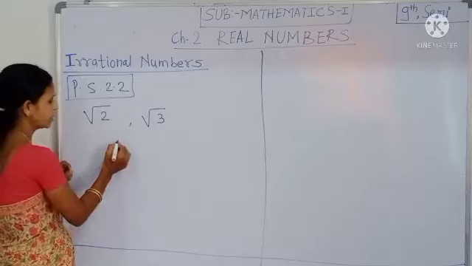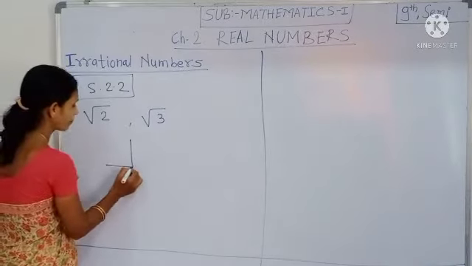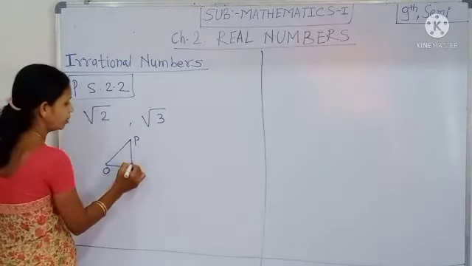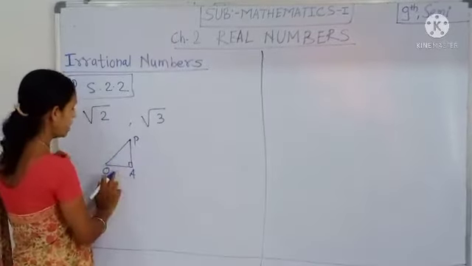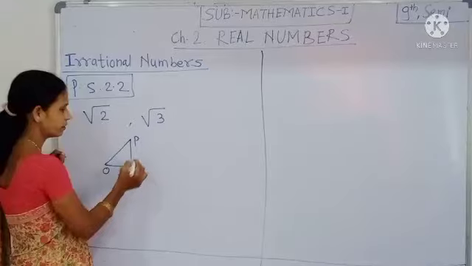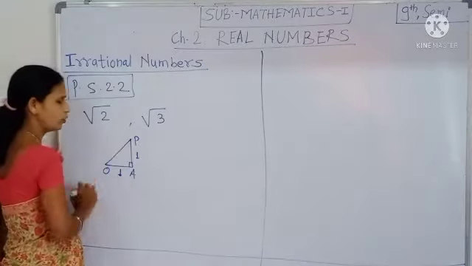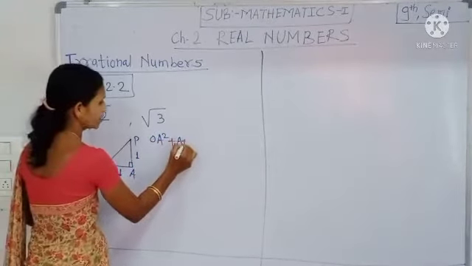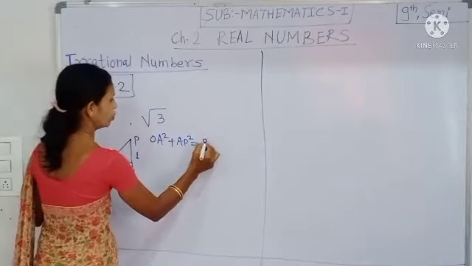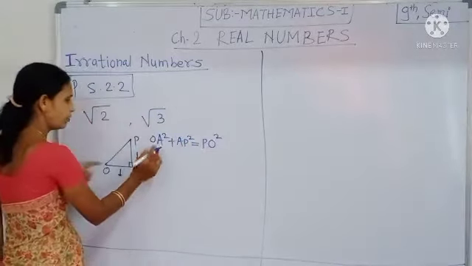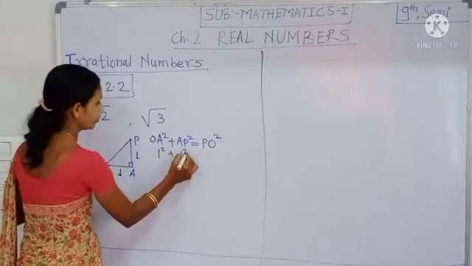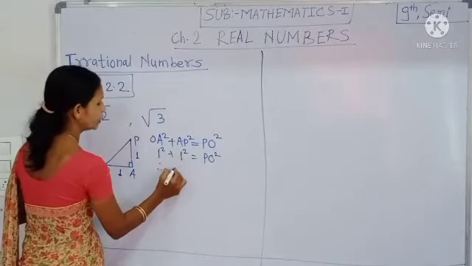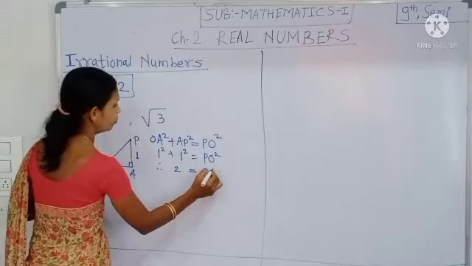According to the Pythagoras theorem, suppose OAP is a right angle triangle, and OA is 1 unit, AP is also taken as 1 unit. Then according to Pythagoras, OA square plus AP square is equal to PO square. Therefore 1 square plus 1 square, that is 2, is equal to PO square.